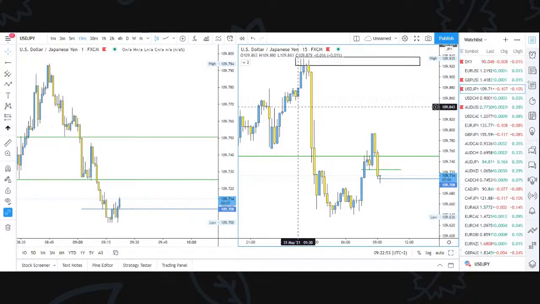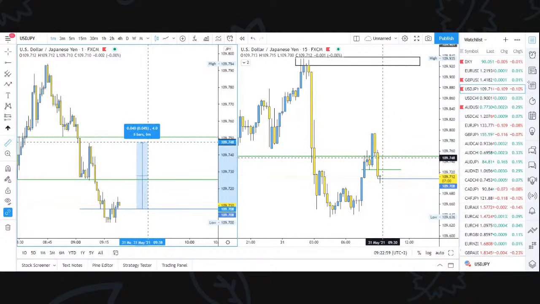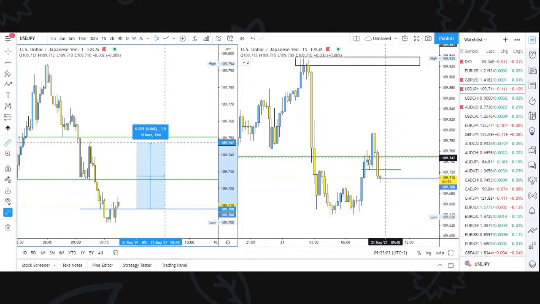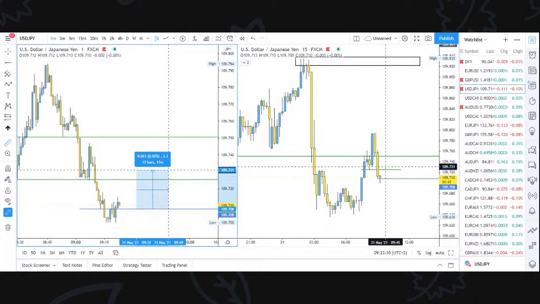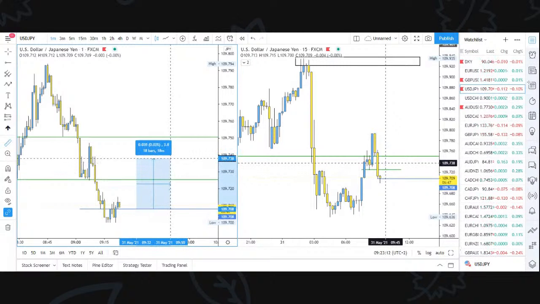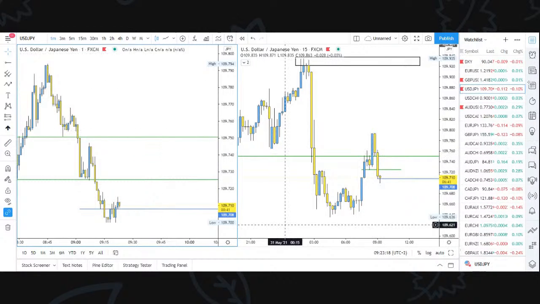And then what I will be looking for is an entry in and around this blue level with a stop above this high. So 4 pip stop, because I'm expecting us to create a new lower high right here. You can actually go with a 2.5 or 3 pip stop, but for safety purposes, let's go with a 4 pip stop, and we should be good.